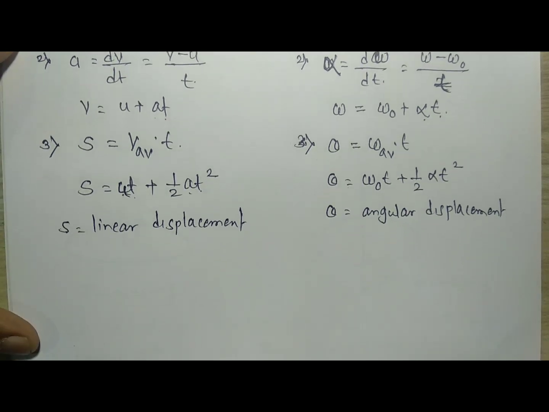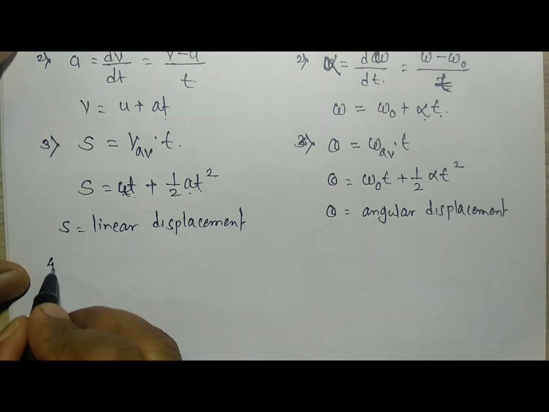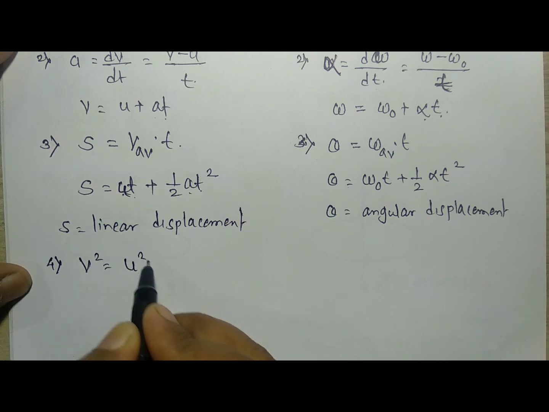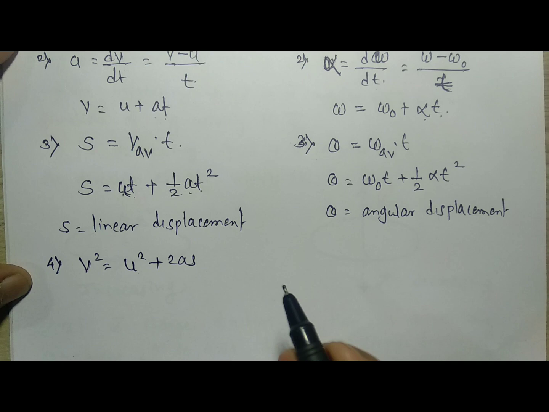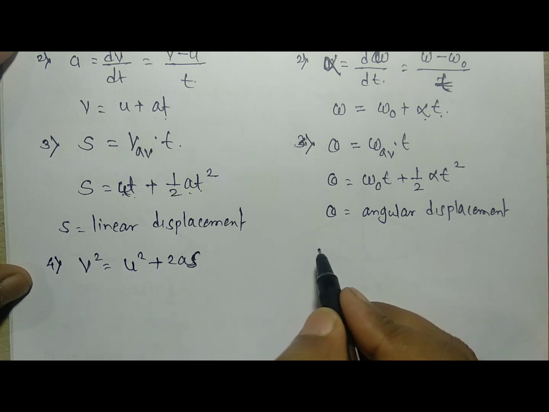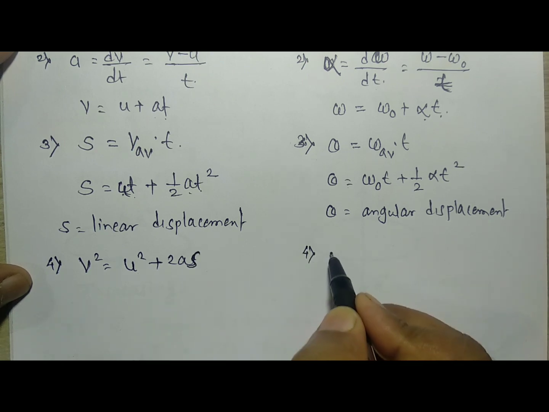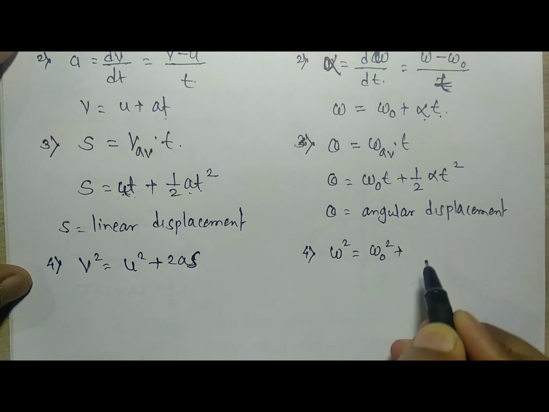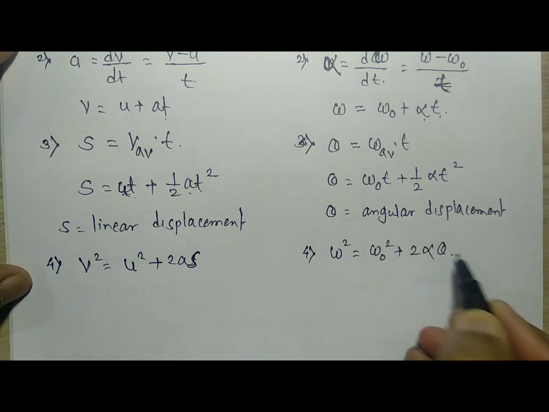Now you will get the fourth equation, v square = u square + 2as. Similarly here you will get omega square = omega 0 square + 2 alpha theta.